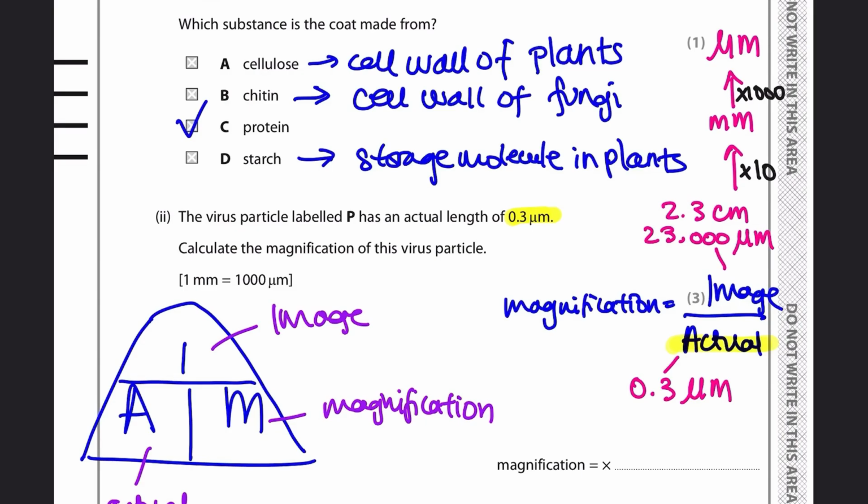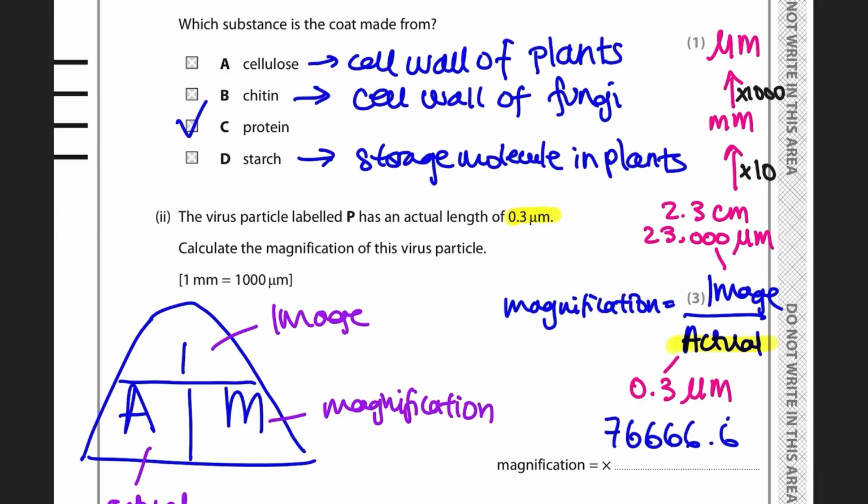And once I have that, I have the same unit. Now I can divide these numbers. I'm going to divide 23,000 by 0.3. And the answer works out to be, well, my calculator says 76666.6 recurring.